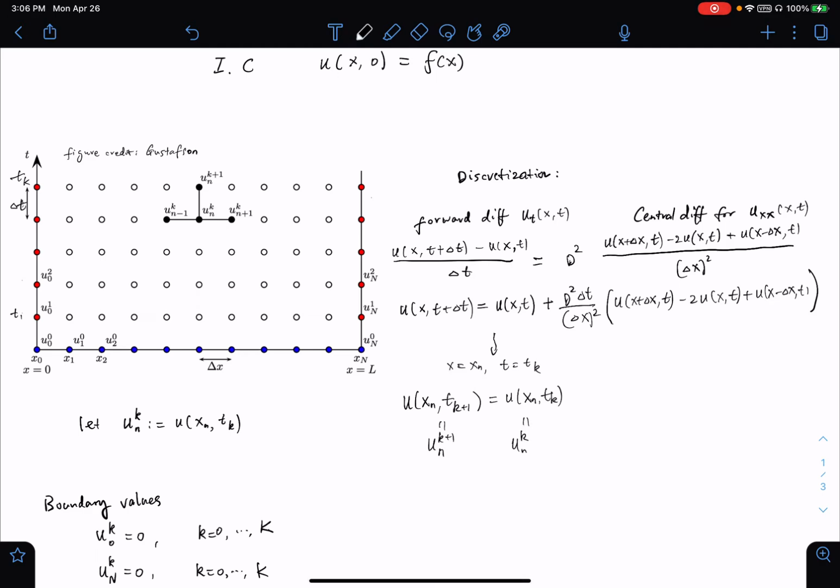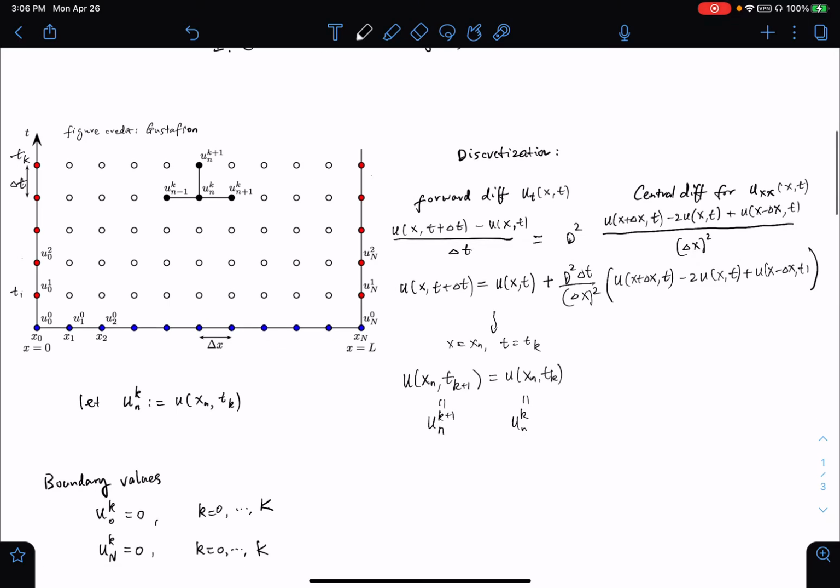And also, just for simplicity, let us call this constant lambda. Once we have fixed our time step size and space step size, we'll have this constant, right?